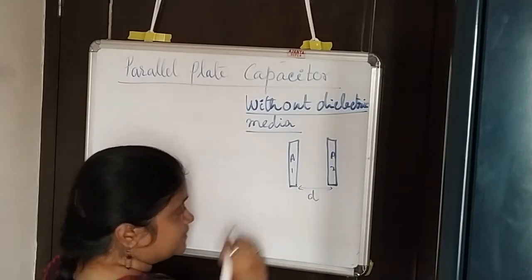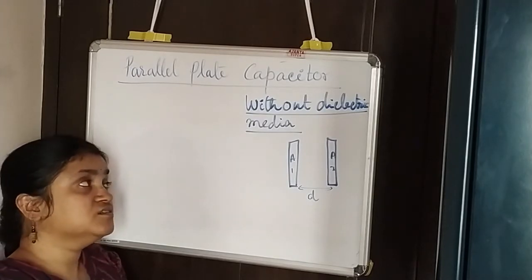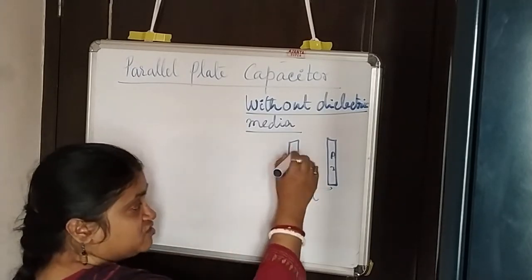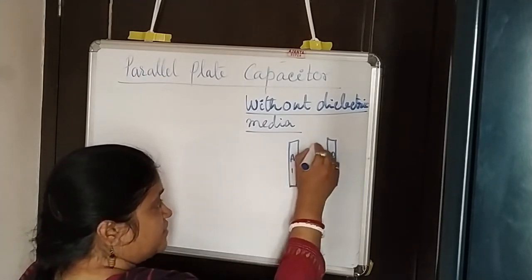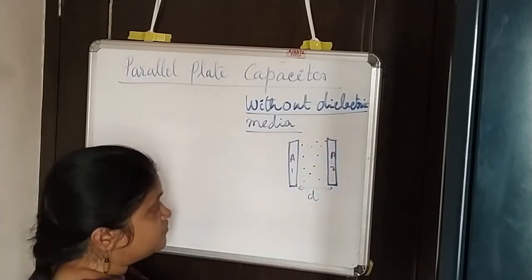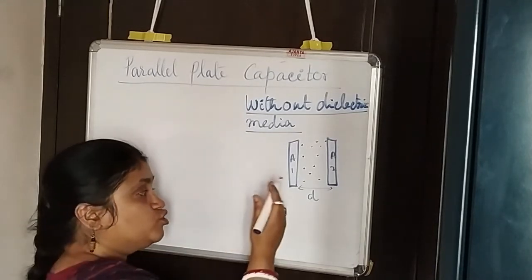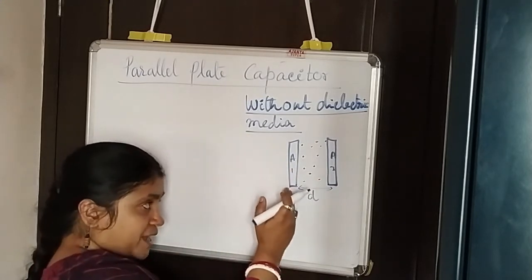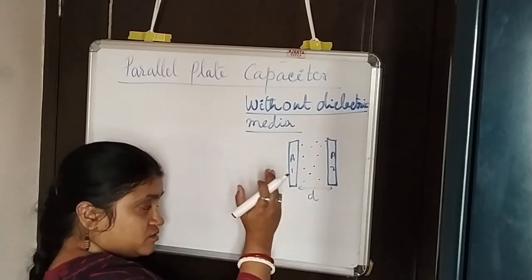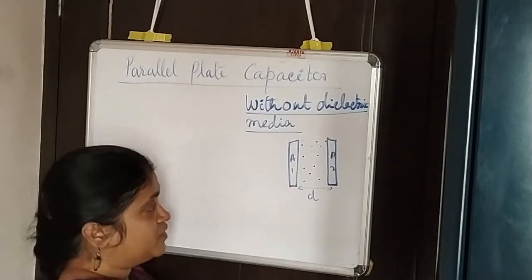In the first case, we are not taking any particular dielectric medium inside, so let's suppose it is filled with air. Therefore, this is called a parallel plate capacitor, where the two metallic plates are parallel to each other and sandwiched with a dielectric.